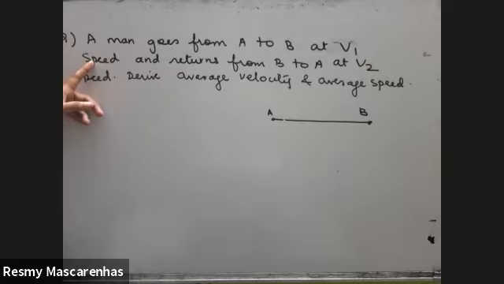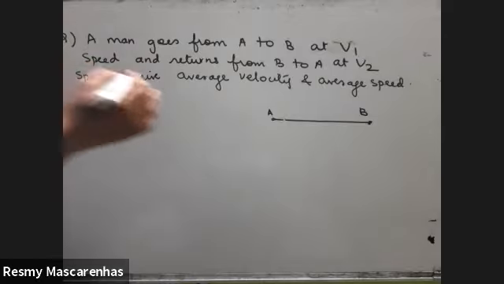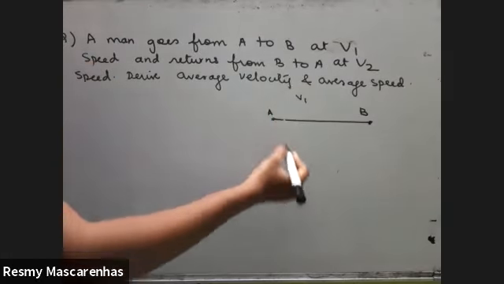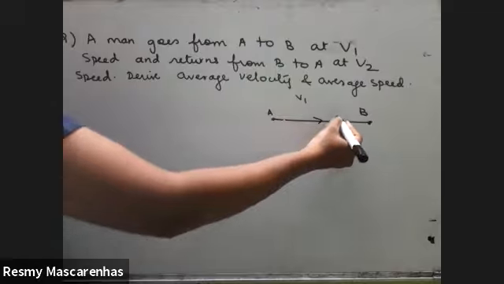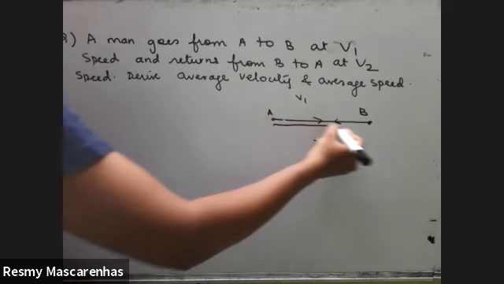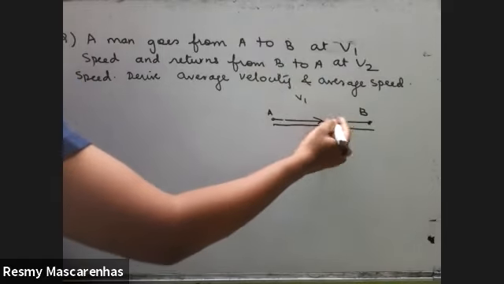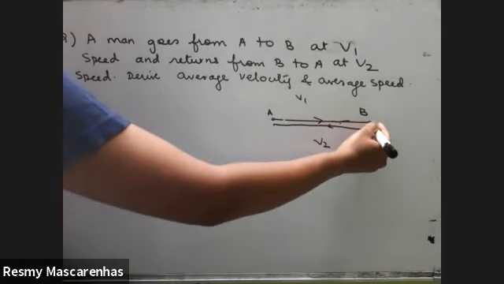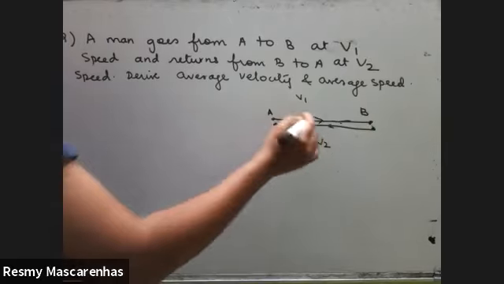How much distance is covered, we don't know. This is v1. And it comes back in the same direction, then v2. Draw like this, back B to A at v2.